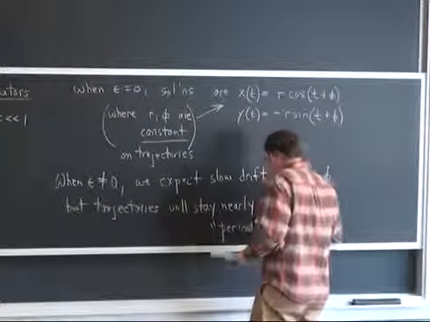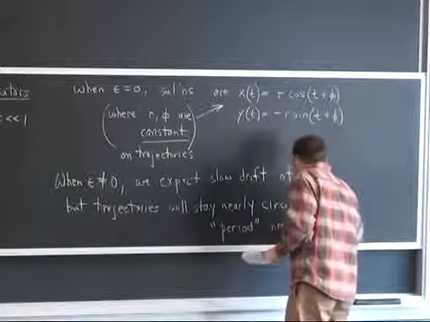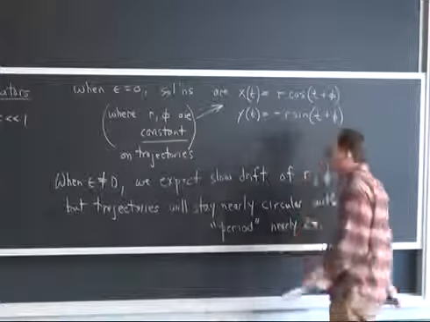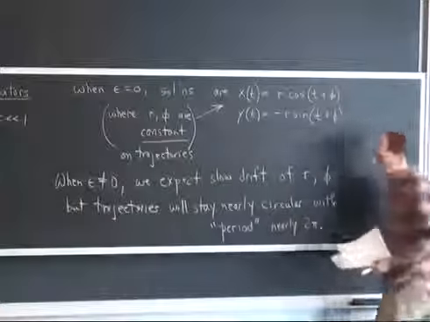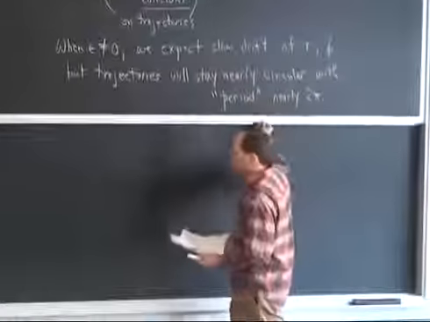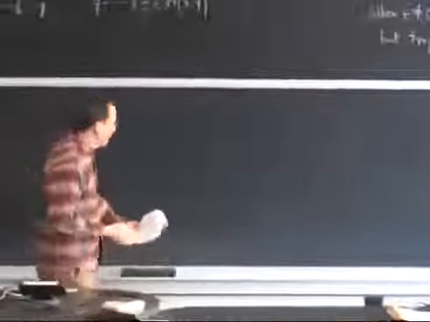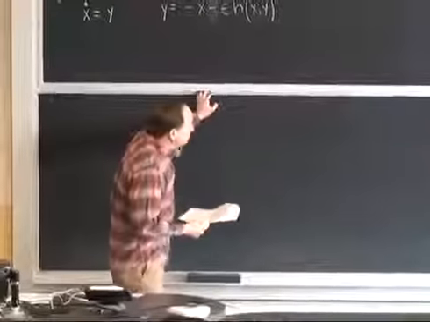But you know what I mean, with a period nearly 2 pi. And that was the kind of intuition we used in the energy method, but we can now make it more precise today.